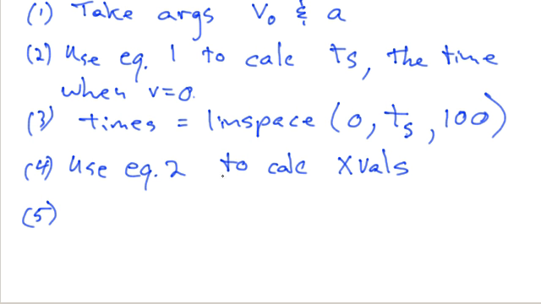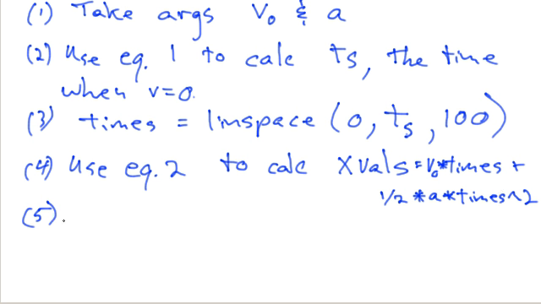And then you use this to calculate the x values with times as your argument, so it'll be v0 times times, plus 1/2 times a, and then times to the 2.